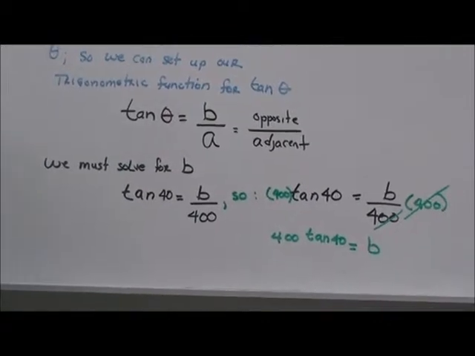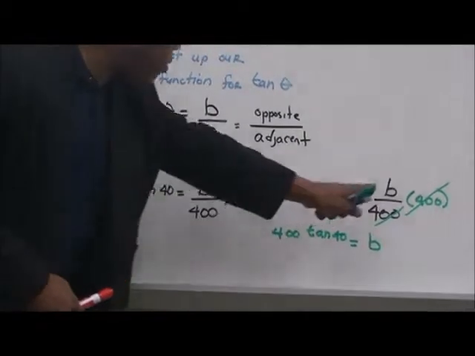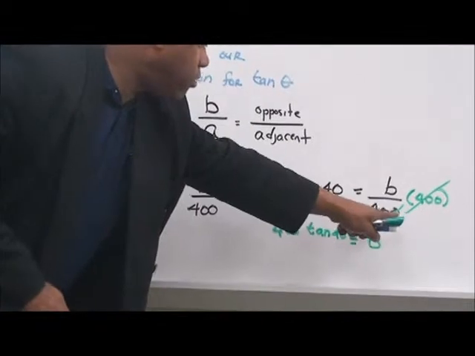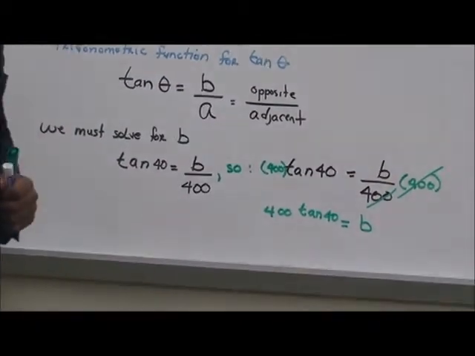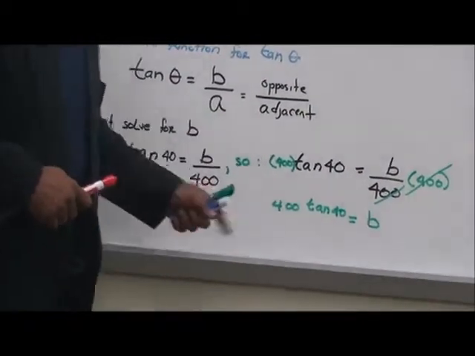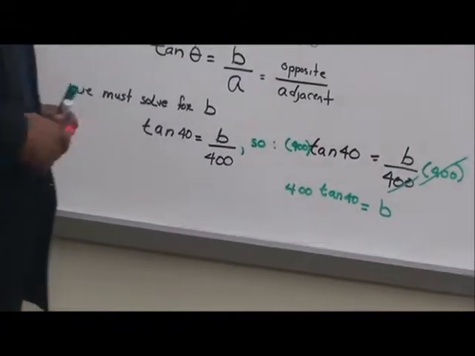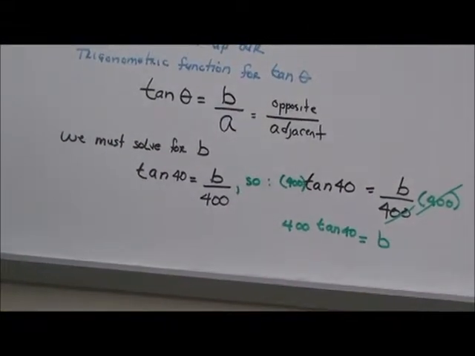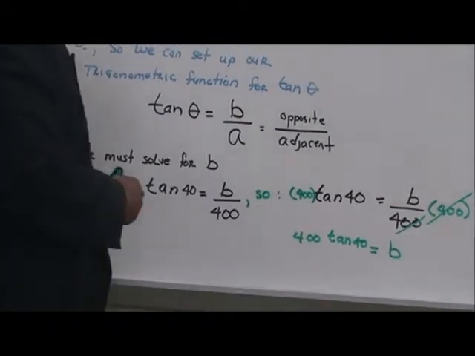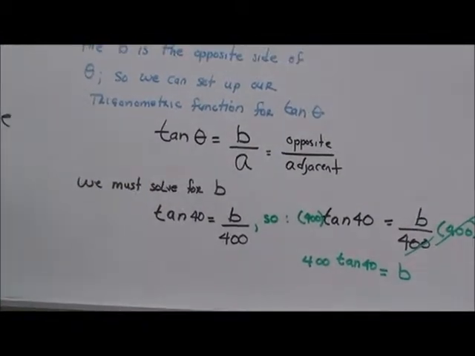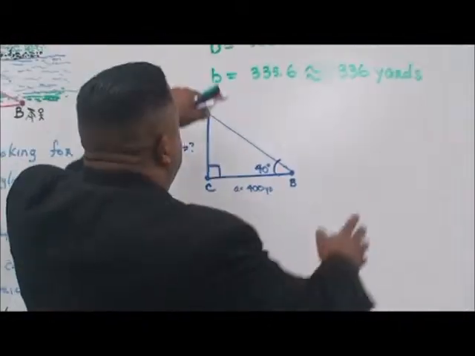Solving for B, we multiply 400 to both sides, canceling out, and we get an expression of 400 tan 40 degrees is equal to B. I kind of switched them around here, but it's the same thing.